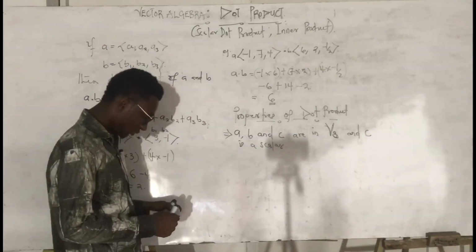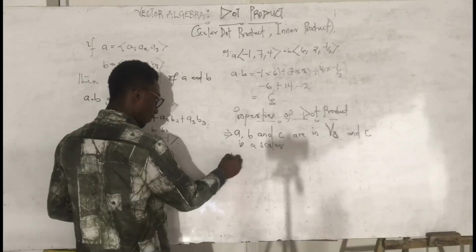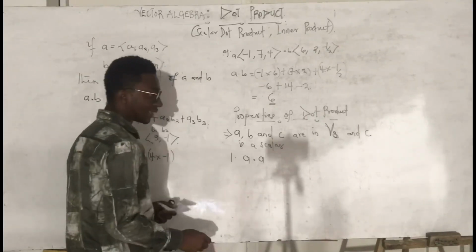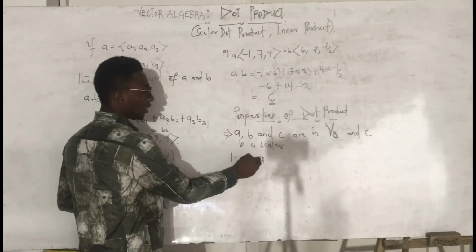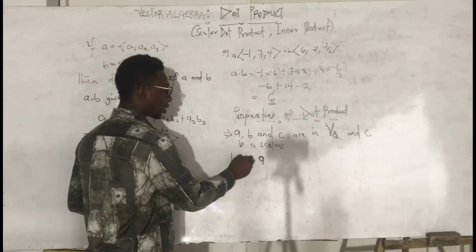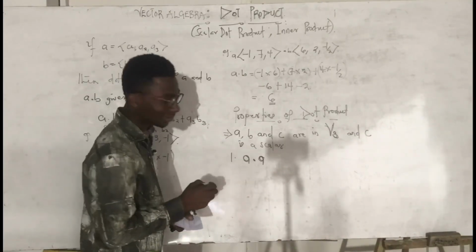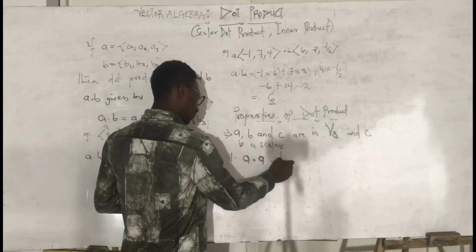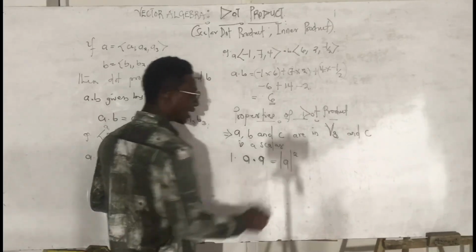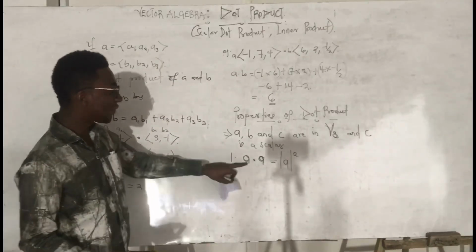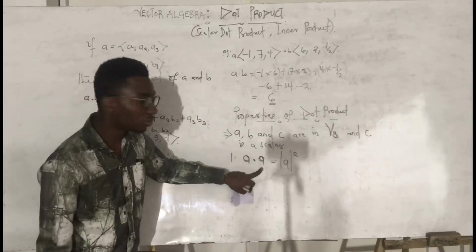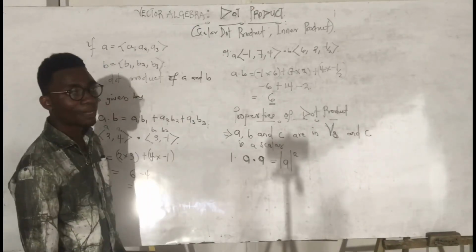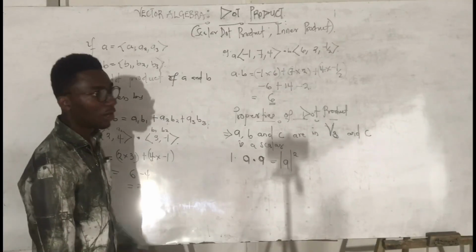The first property states that if you have the dot product of two same vectors, it is equal to the square of their magnitude.